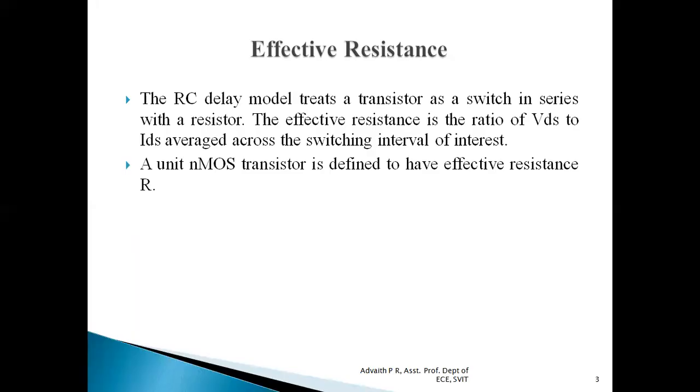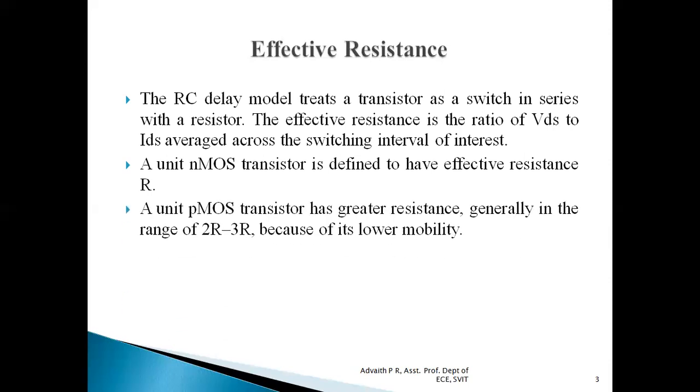If we consider an NMOS transistor, it has an effective resistance of R. Similarly, a PMOS transistor has a greater resistance compared to NMOS because the mobility of holes is lower than the mobility of electrons.